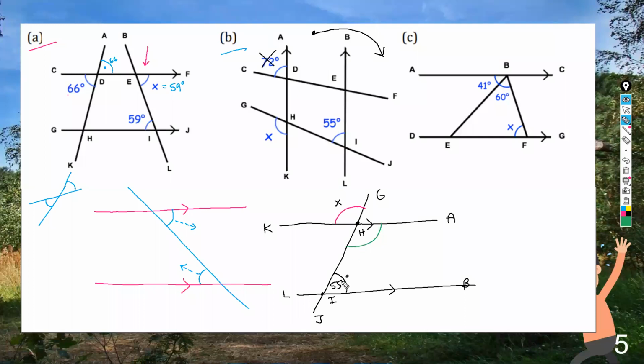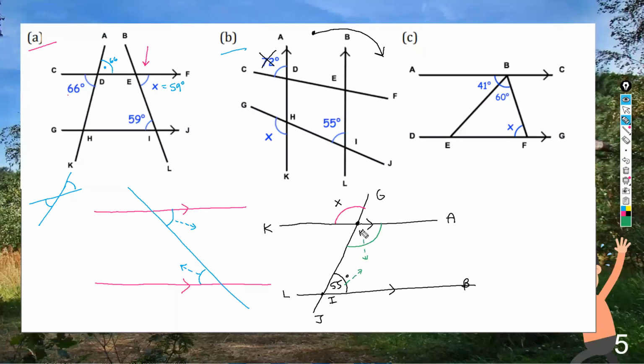What situation is that? Is that alternating, corresponding, or interior? I think that's interior because the two of them can see each other, and it has 2 parallel lines. And interior angles always add up to how much? 180.